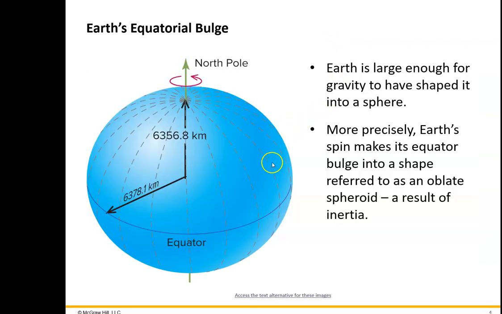Now, of course, the Earth is spinning around on its axis. If you were looking down from space, the Earth spins counterclockwise. If you imagine you're above the North Pole looking down on it, we also go around the sun in that same orientation, counterclockwise.